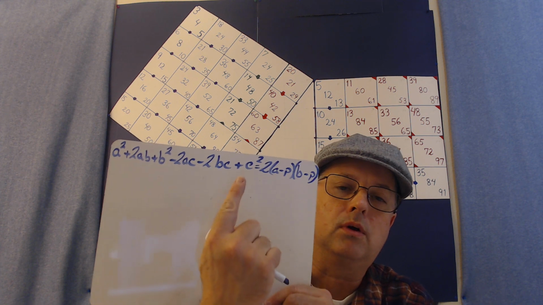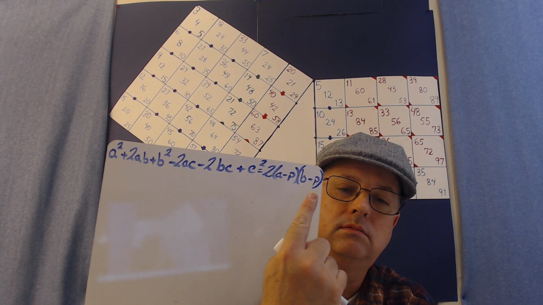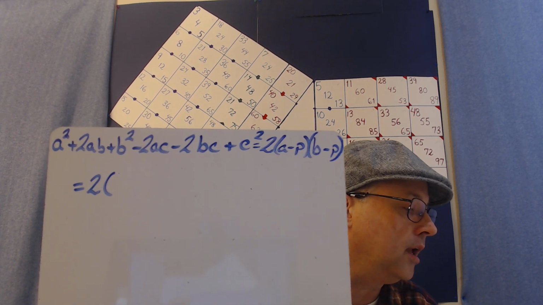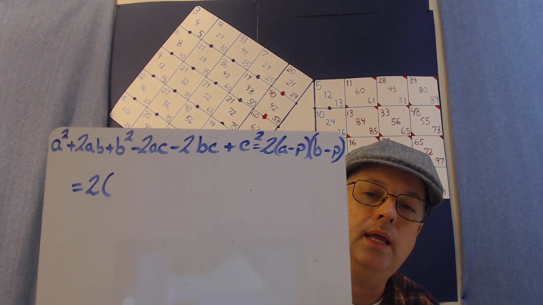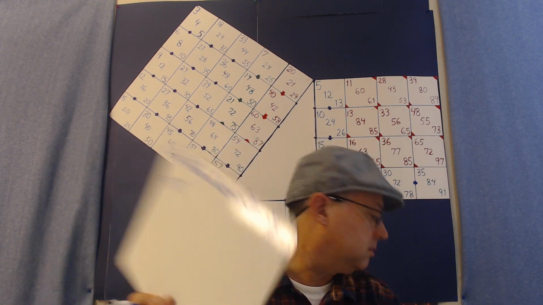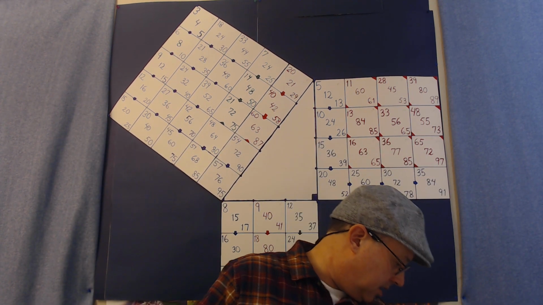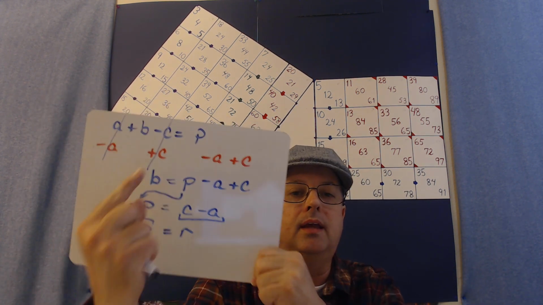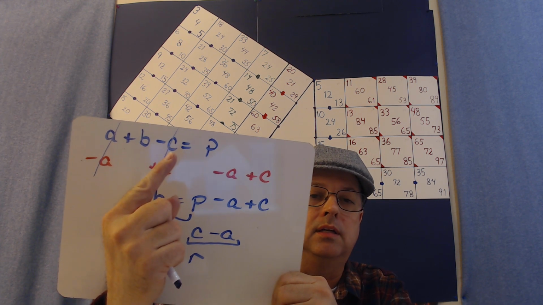And now I'm just going to work on this right-hand side. So 2 and a minus p. You see that a minus p? Well, instead of p, I'm going to put what p is. P was this right here. P is a plus b minus c.